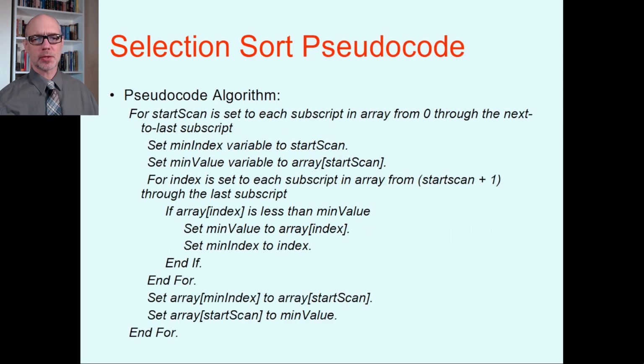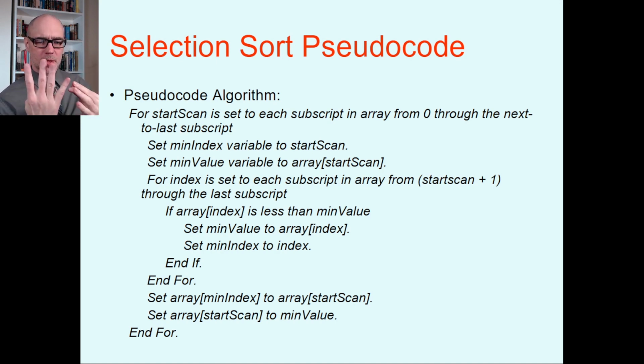Let's look at the pseudocode version of this. And this looks a little bit more complicated than the bubble sort pseudocode, but hopefully we can make this understandable. So it starts off with this for loop with this variable startScan. And if you can really understand what that startScan variable is doing, you're going to understand what this code is doing. The startScan variable is really kind of doing two jobs to my mind.